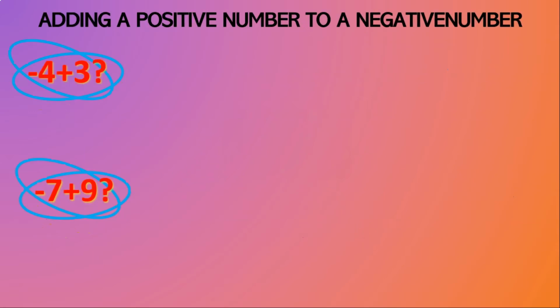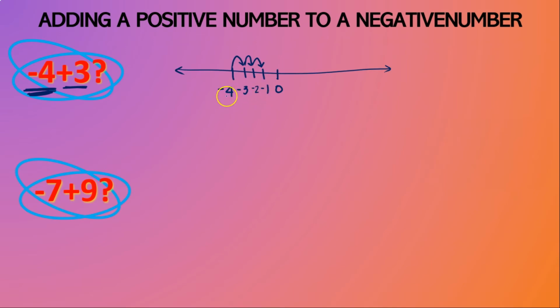But what if we had one negative number, and then we're adding another number? Let's try. We have -4, and we're going to add 3. So we have the number line, 0. And then -4, which is the initial one, is to the left. And now we're going to add 3 steps. So 1, 2, 3. And remember, when we go to the right in the number line, the numbers are going to get decreasing when we're in the negative part, right?